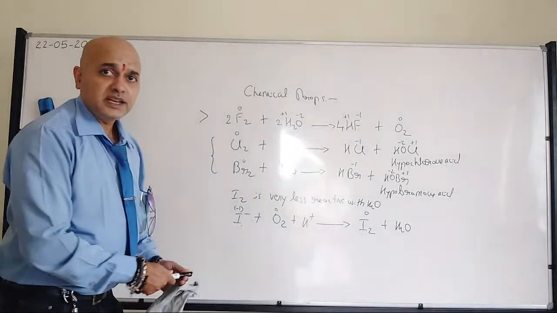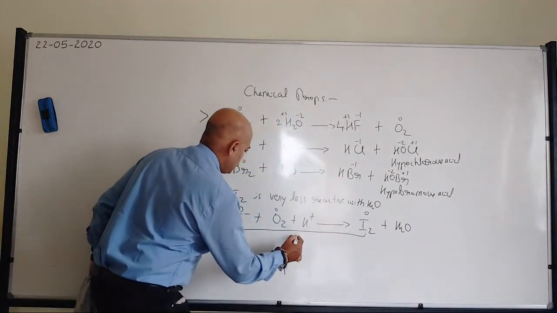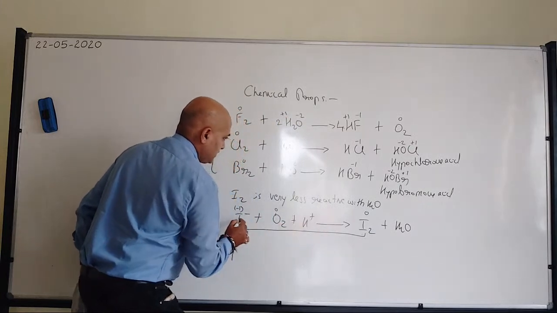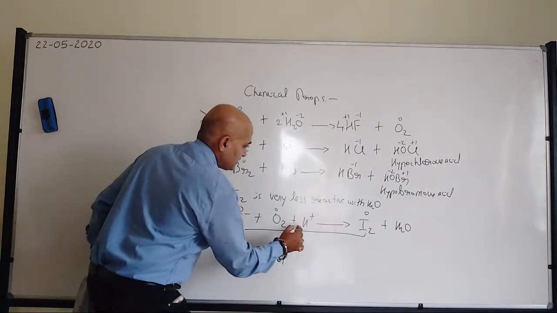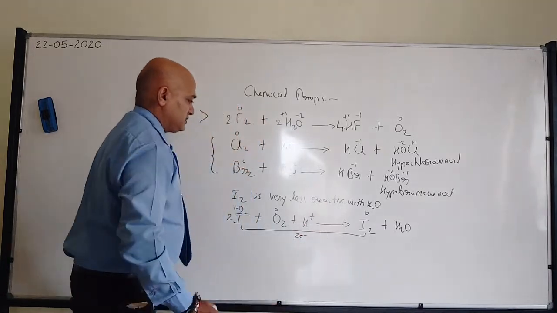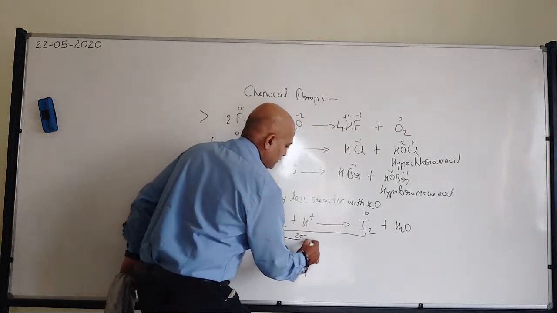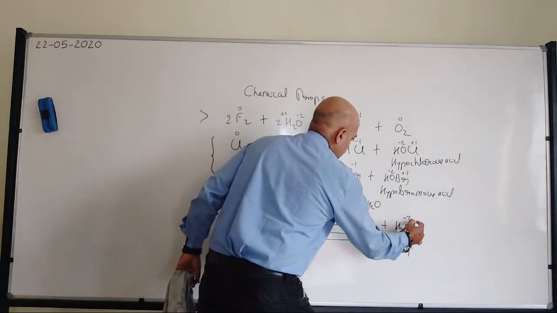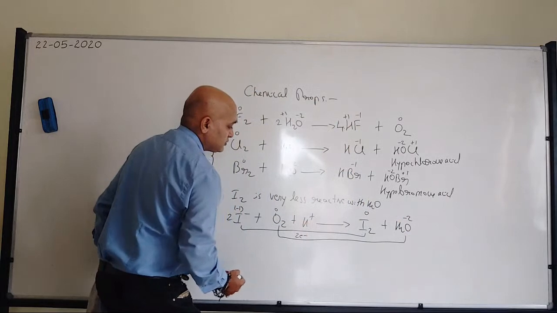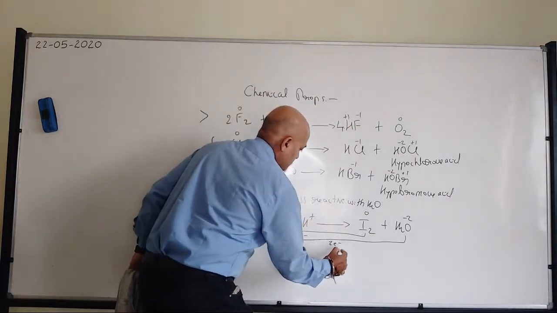Now that's where iodide is getting converted into iodine. That means 2 iodine is there, so 2 iodide, 1 electron, 1 electron, so a total of 2 electrons lost. Oxygen from 0 is becoming -2, so the total accepted is 2 electrons.